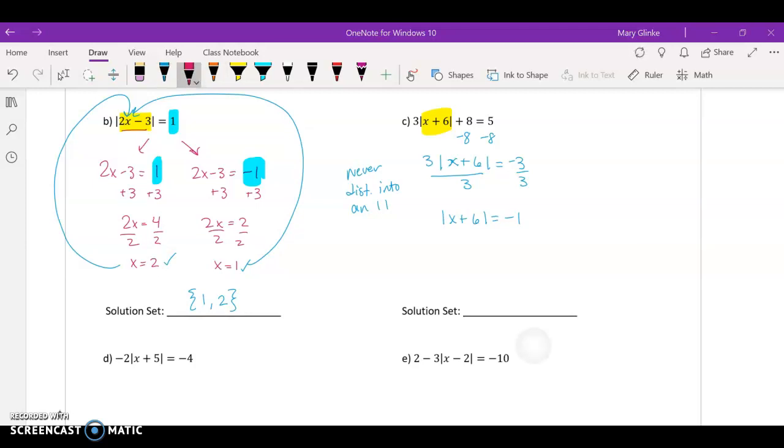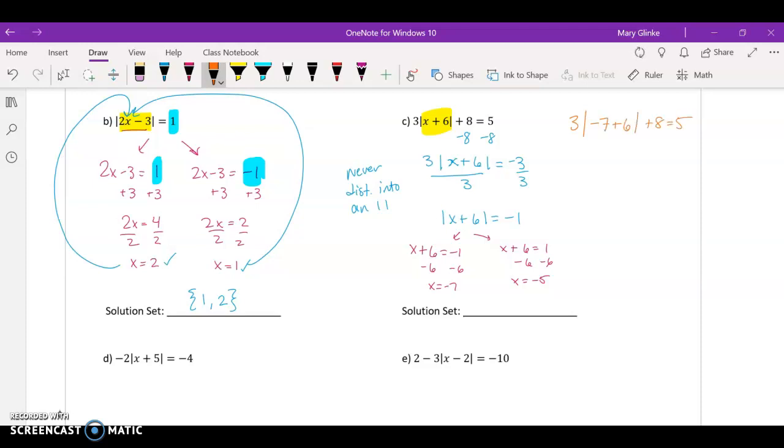Now what we're going to do is set up our two equations. So x plus 6 equals -1, and x plus 6 equals +1. We're going to solve our equations to get x equals -7 and x equals -5. So this one's a little bit lengthier to check, so I'm going to show it just a little bit.